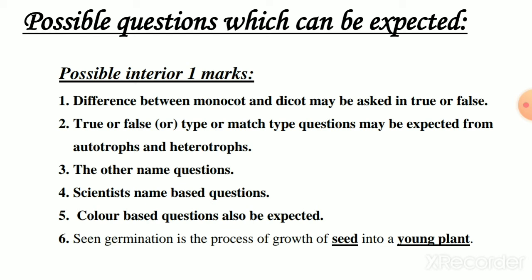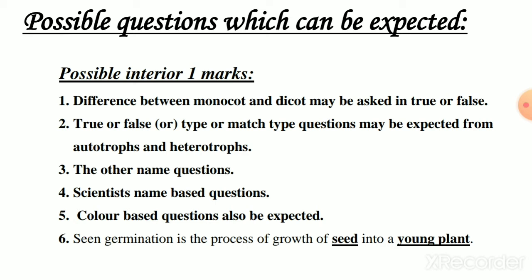They may ask the difference between monocot and dicot, maybe in true or false: which is present, which is not present. What is the structure of monocot? What is the structure of dicot? Like that they can ask. True or false and match the following type questions can also be asked from heterotroph and autotroph.